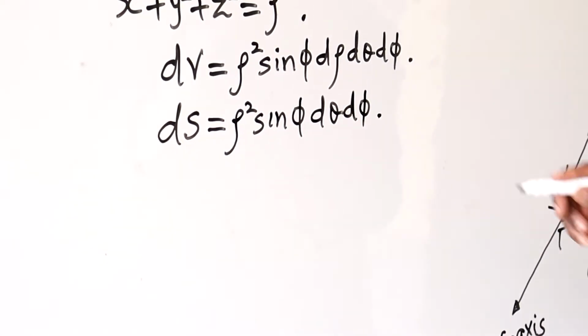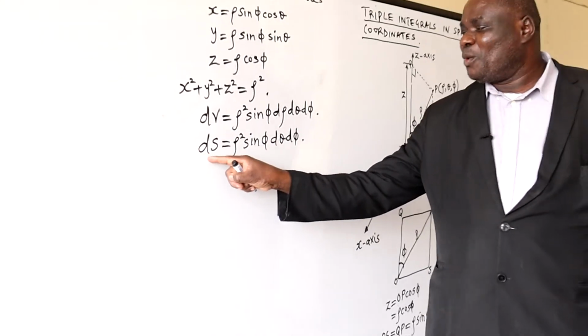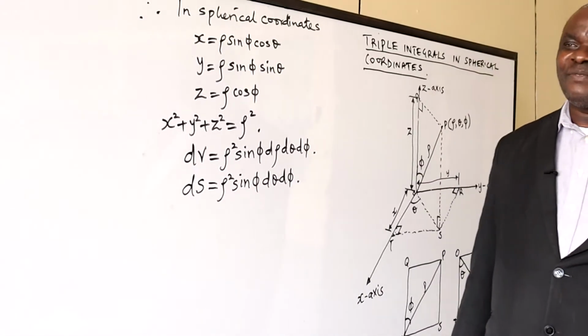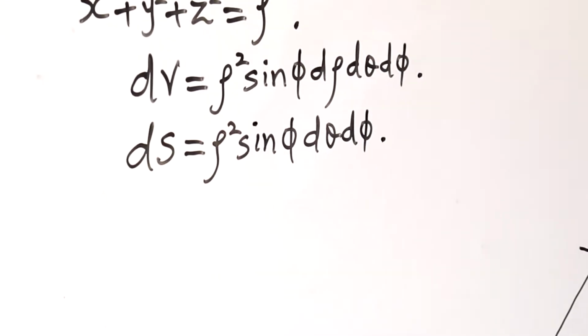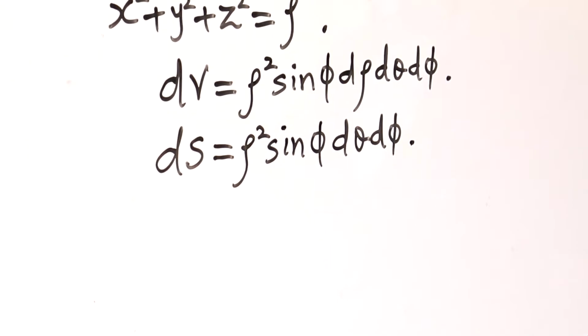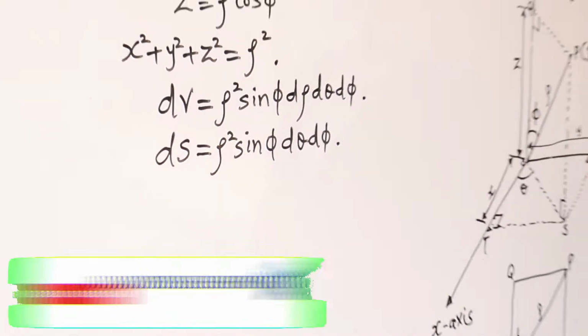When we'll be working on surface integrals, we'll be using this so much because we'll be working on the surface of a sphere. Spherical coordinates are normally used where the surface is linked to a spherical surface.